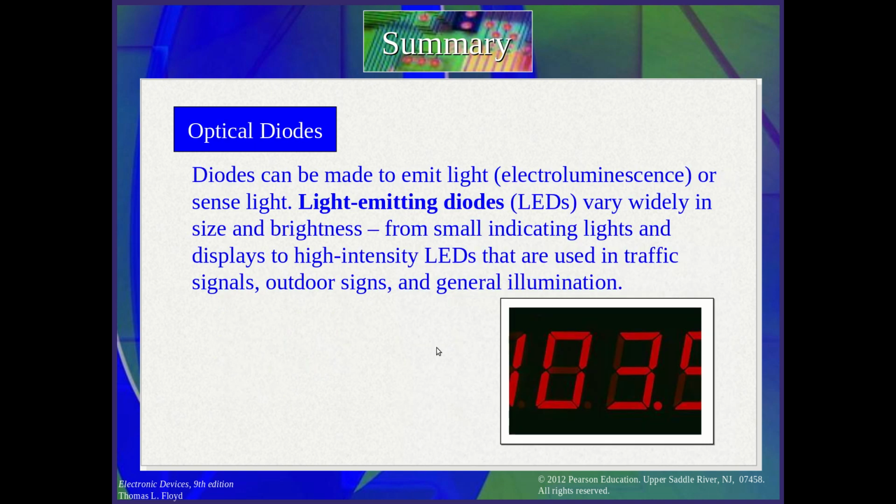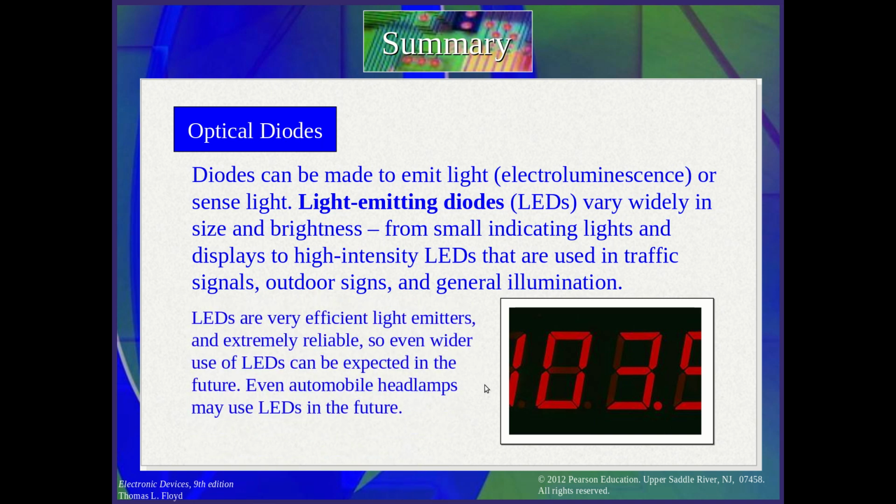Optical diodes. One of the most well-known applications of diodes is the optical one, the LED. All the LEDs around us have diodes inside. Light emitting diodes come in a wide range of sizes and brightness, and have very good applications from traffic signals and outdoor designs to general illumination.